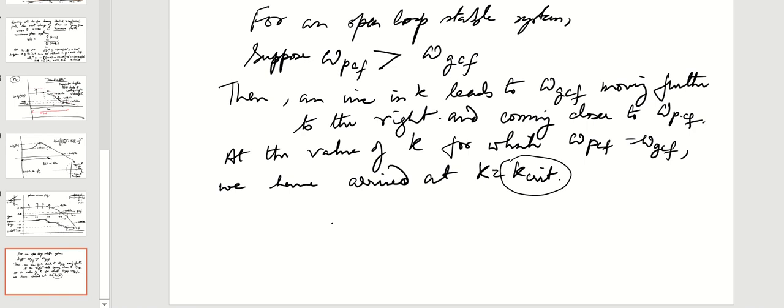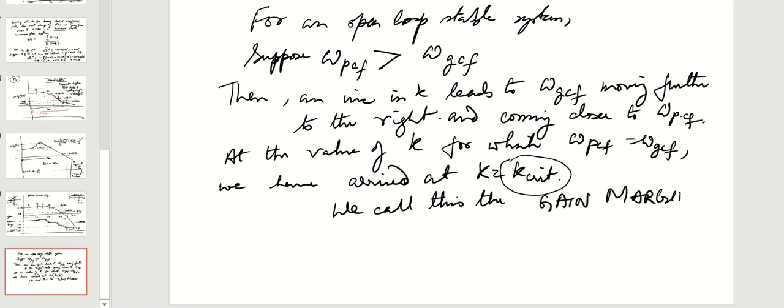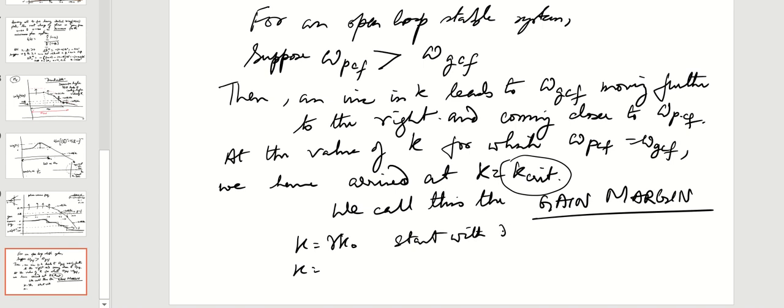We call this the gain margin. If you can keep increasing your k by a certain factor, so let's say you start with k equal to k0, and then you have this tuner, k equal to gamma times k0. You start with gamma equal to 1, and clearly if it's an open loop stable system and omega PCF is greater than omega GCF, then for gamma equal to 1 you still are pretty much safe.